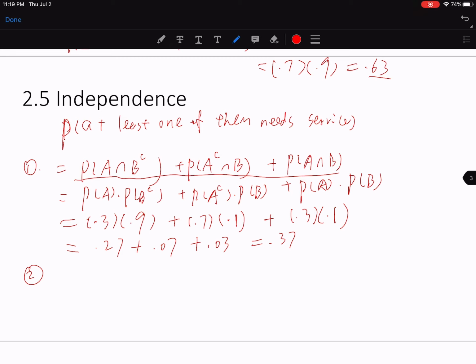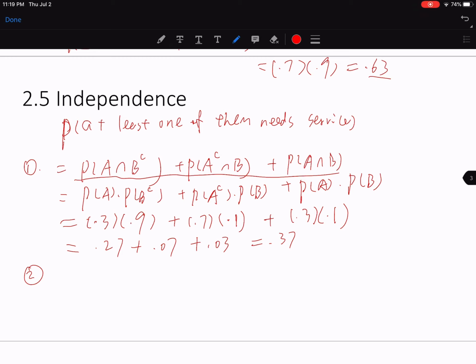If it is too hard or too complicated to think about it directly, we usually think of the opposite of it. Once we find the probability of the opposite, or the complement, we subtract this probability from 1, and we get the probability we're looking for.